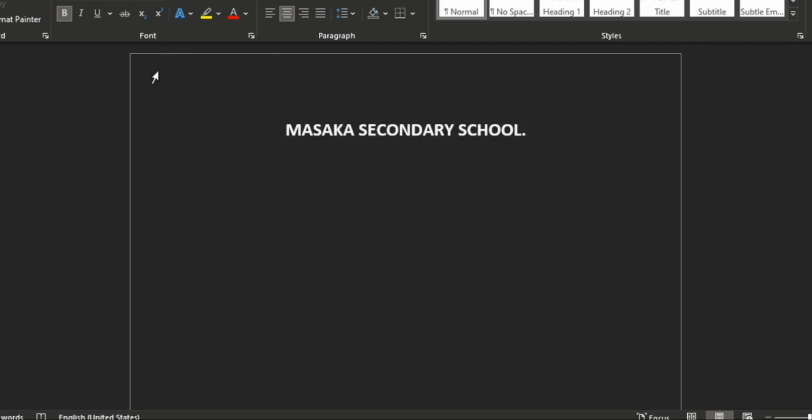Then, if it has a box number, we shall write, for example, PO Box. I've decided to make it bold so that you can see this very well. For this, we are going to use PO Box 134-256 Masaka.